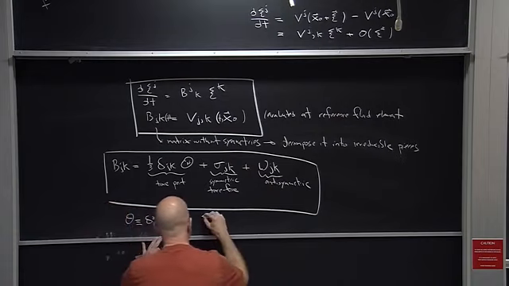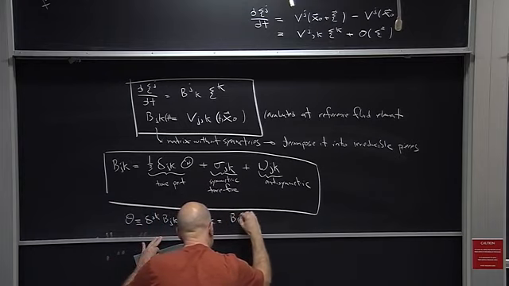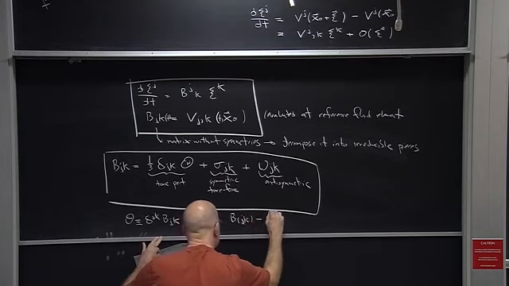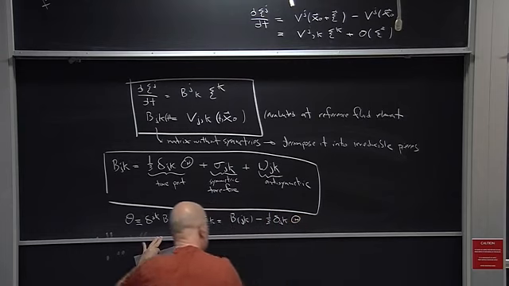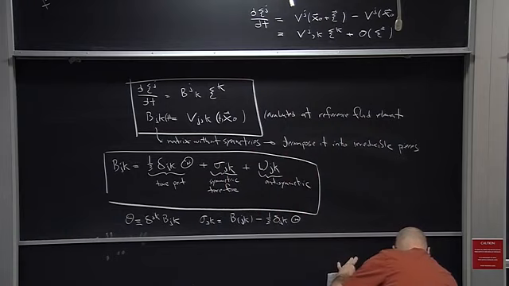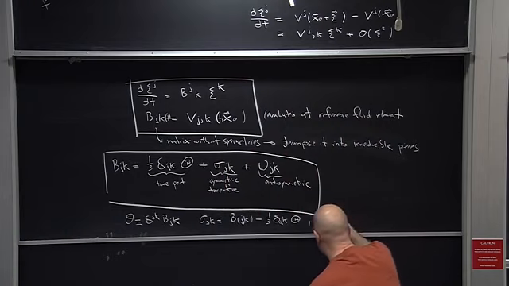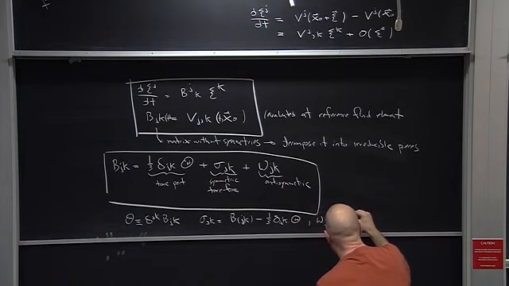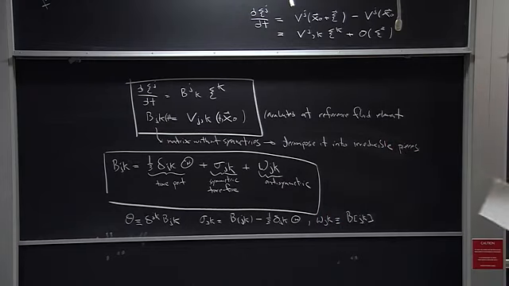Sigma_jk is going to be the symmetric part of B minus the trace part. And finally, the omega matrix is just the antisymmetric part of the B matrix. That's how you define these things, and when you put it back together, you get the full B.